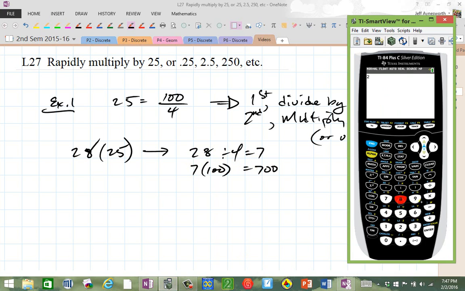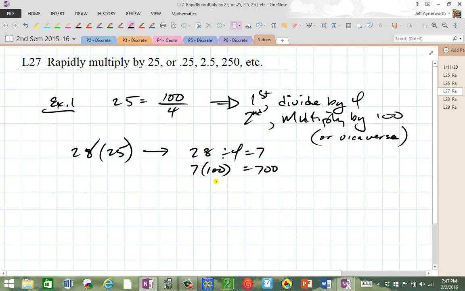You can test it. 28 times 25, boom, 700. So you divide it by 4 and then multiply by 100. Let me show you again. Let's take another one. 76, I'm just making these numbers up as I go, times 25.